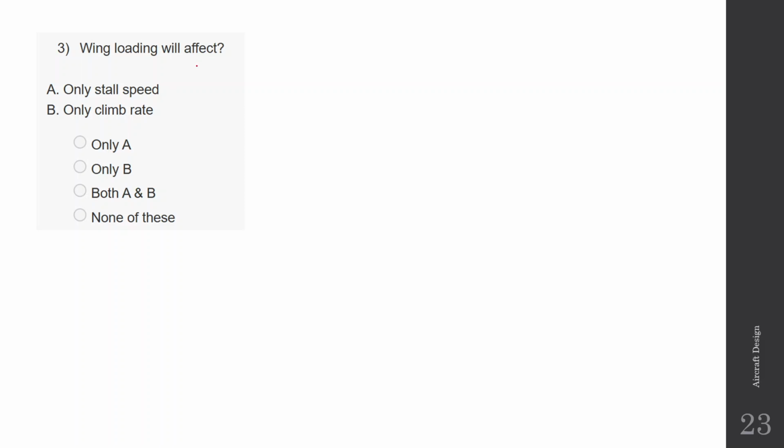Okay, so yes, you're right. It will affect both the stall speed and the climb rate. We can first try to understand it intuitively, and then we can discuss the formulas also. Let us think about higher wing loading. So we have higher wing loading.